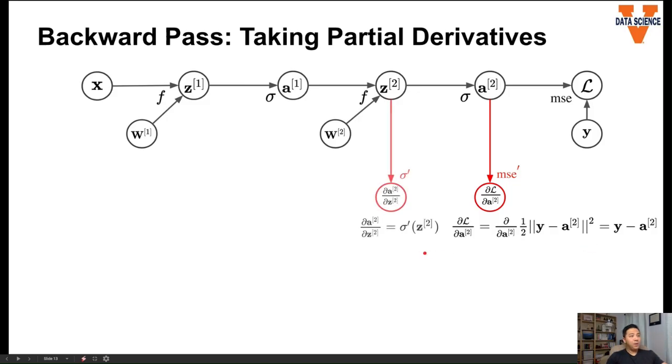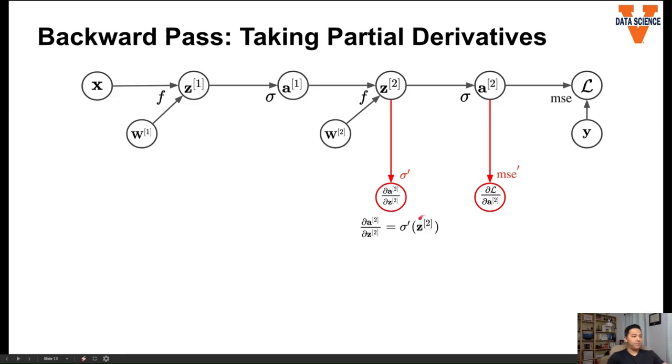I'm going to do the same with my other nodes, and keep in mind what each of these nodes does, and you can calculate it fairly quickly. You just want to see, okay, if I change the value of Z2 a little bit, what happens to A2, right? So that is the partial derivative here, and you can take the derivative of the non-linear activation function sigma.